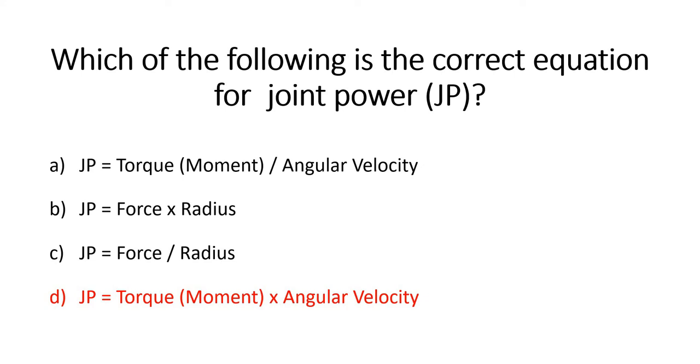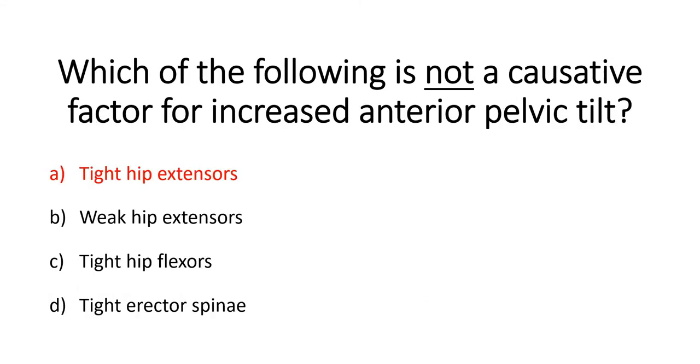So which of the following is not a causative factor for increased anterior pelvic tilt? It is tight hip extensors. Weak hip extensors would allow the pelvis to move into anterior pelvic tilt, but that will only occur if the hip flexors are tight and pulling the pelvis forward, and tightness in the erector spinae muscles, the lower back muscles, would also pull the pelvis anteriorly.